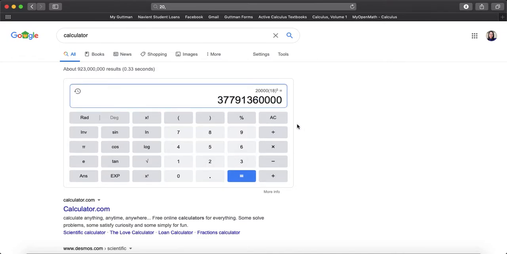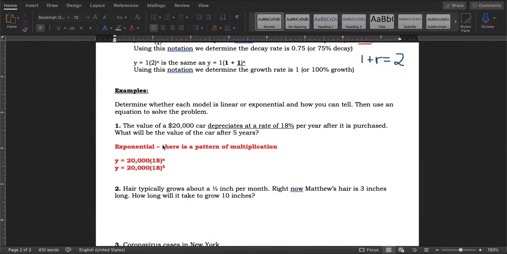You get a really big number. This number is 37,791,360,000. That doesn't make any sense. Obviously, the value of our car is not going to be worth that amount of money after 5 years. So I know it's not 18 inside the parentheses.